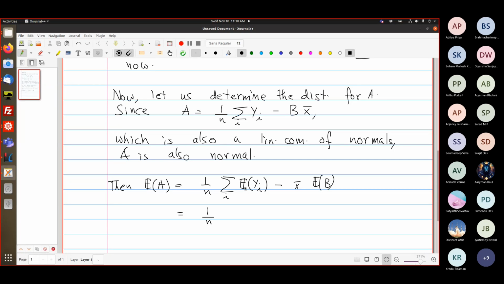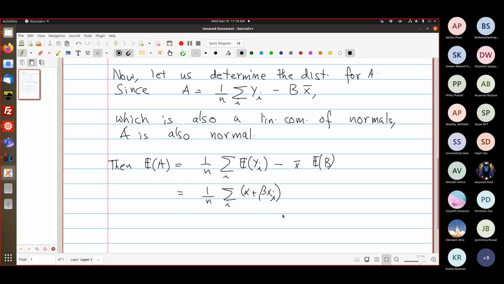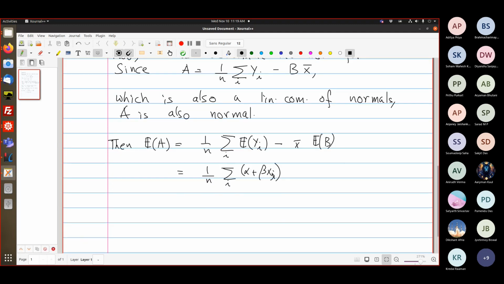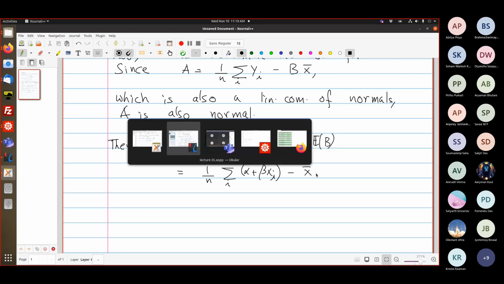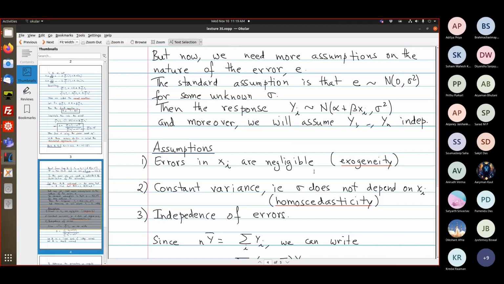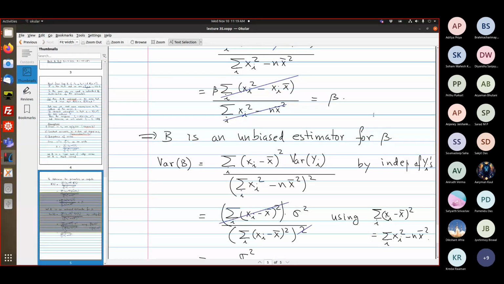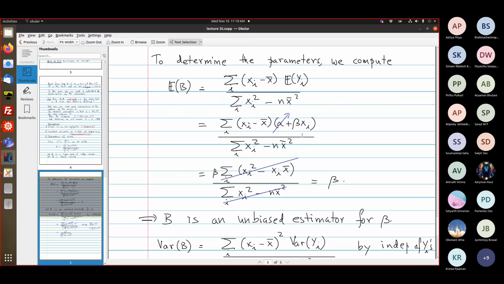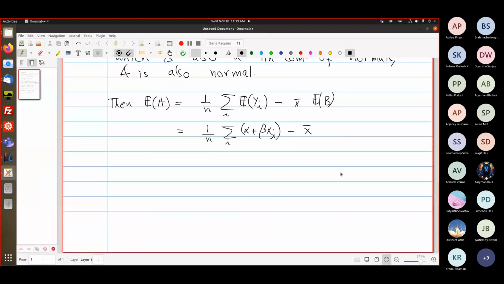But yi's are normals with mean exactly alpha plus beta xi. This is precisely what it is. And expectation of b we have already calculated to be beta. So minus x bar times beta.